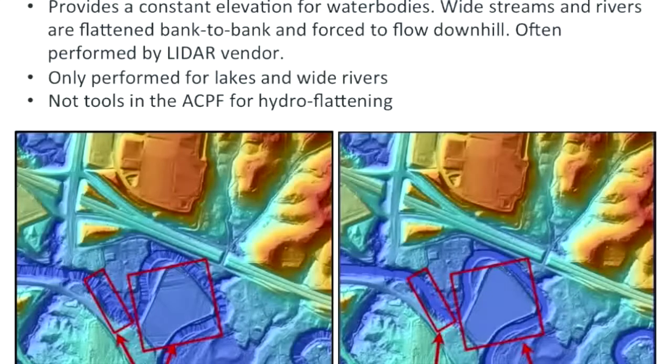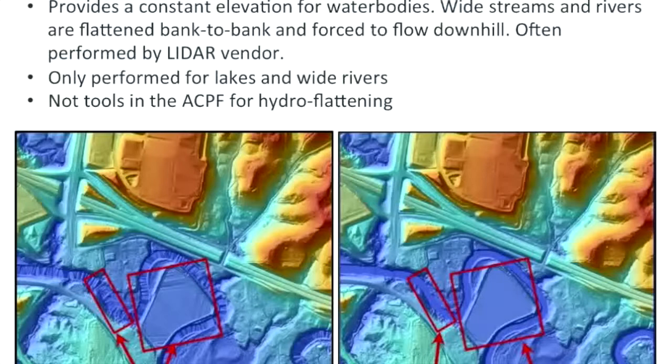A couple of different terms are associated with DEM conditioning. Hydro-flattening, generally provided by the vendor of the elevation data, provides you with flat surfaces for water bodies. So lakes and rivers have a smooth surface.